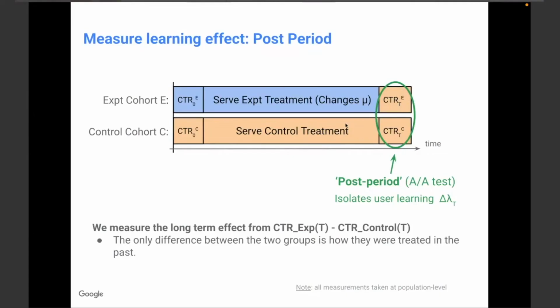I changed the user cohort here from C to T, sorry about my notation. Okay, great. So the only change here is that at the measurement time, I flip the serving treatment for this cohort of the users.